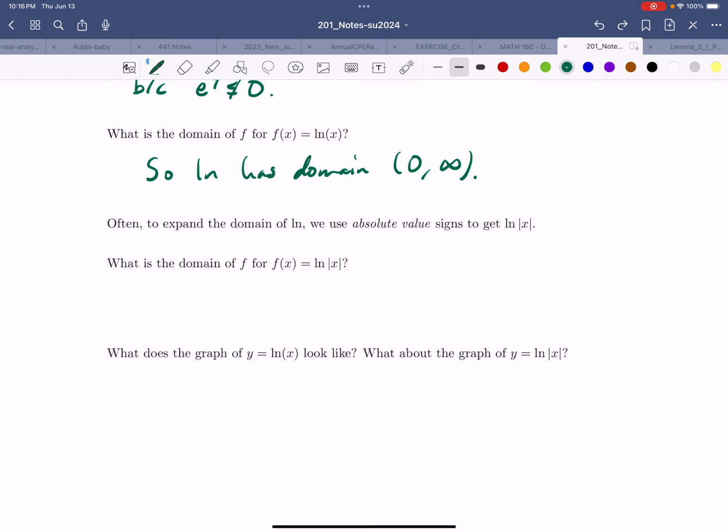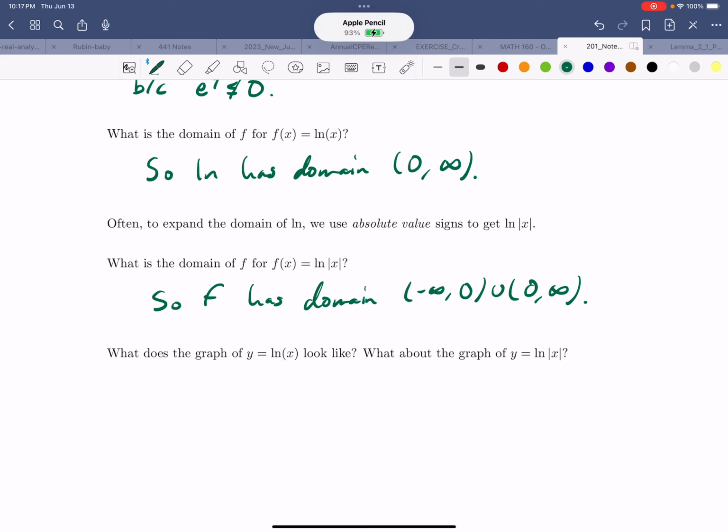So the domain of the ln of the absolute value function, or maybe I'll just call this f, has domain negative infinity to 0, union 0 to infinity, again open intervals, because we still can't consider 0. 0 is still a problem. And of course, if you want to shift it, ln of x plus 1, then the domain is everything except negative 1. That sort of thing.